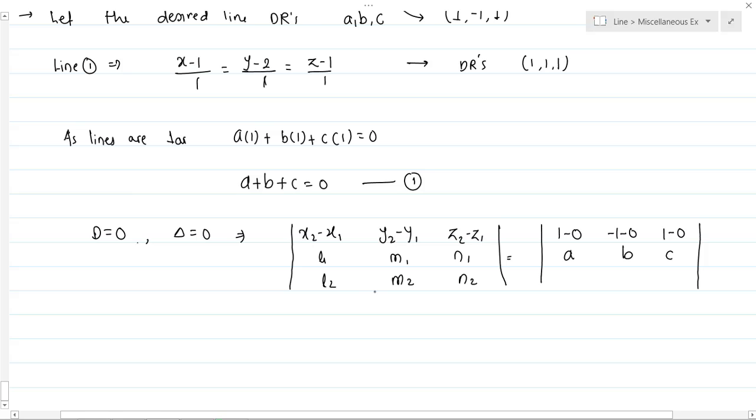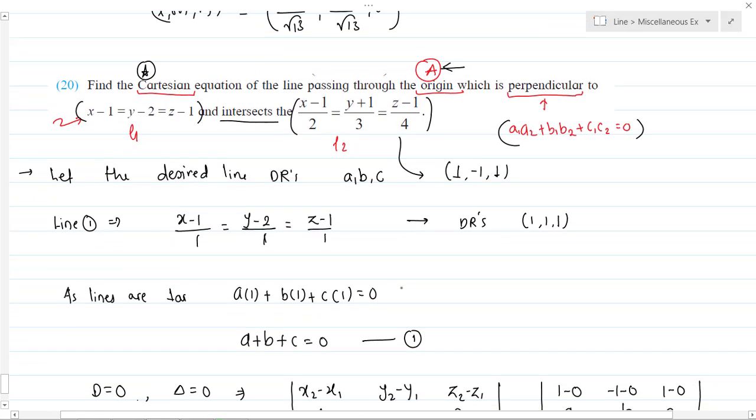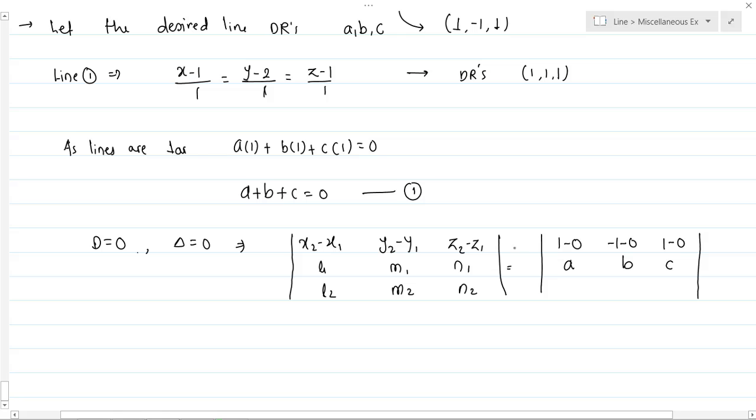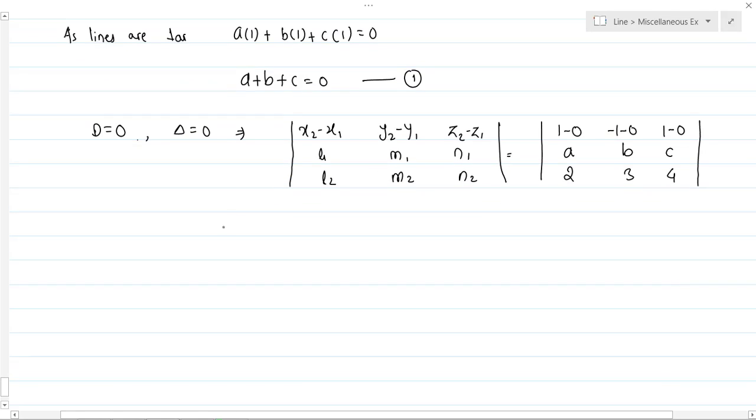The next part: L2, M2, N2 for the second line is what? For the second line we have 2, 3 and 4. These are the L2, M2, N2 values. Now let's solve this determinant and get the equation in terms of a, b, c.